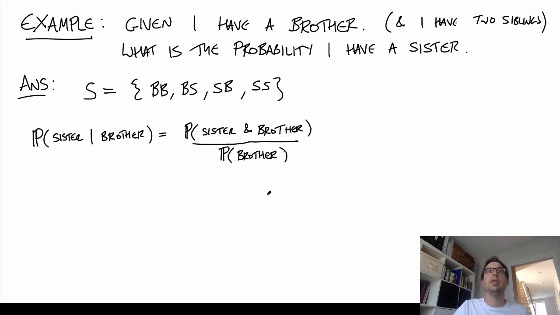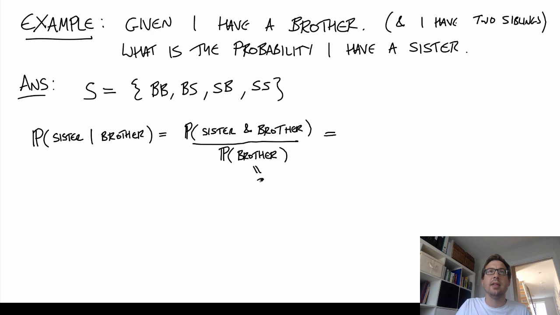I can calculate the probability of having a brother, assuming that it's a 50-50 chance between having a brother or a sister for any one individual child. Then there are 3 events here that correspond to me having a brother, so there's a 3/4 chance.